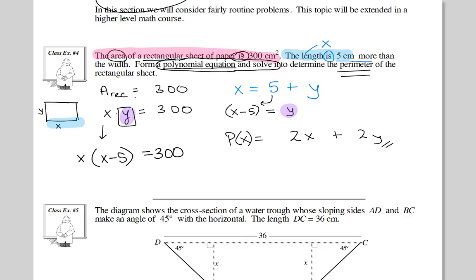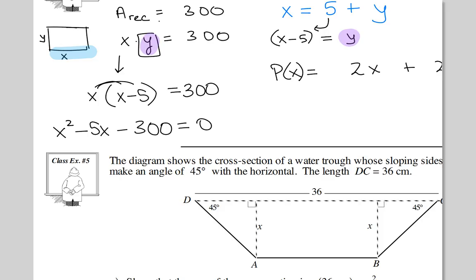Can I solve that? No. I got to move the 300. So let's distribute this in. You get x squared minus 5x, and then I'll subtract the 300 to the left, and I'll have this. Can I factor that guy? What multiplies to 300? 60 times 5? That's not going to work because it's not going to get you to 5. Guessing and checking, guessing and checking. How do you guess and check? Do you want me to show that?